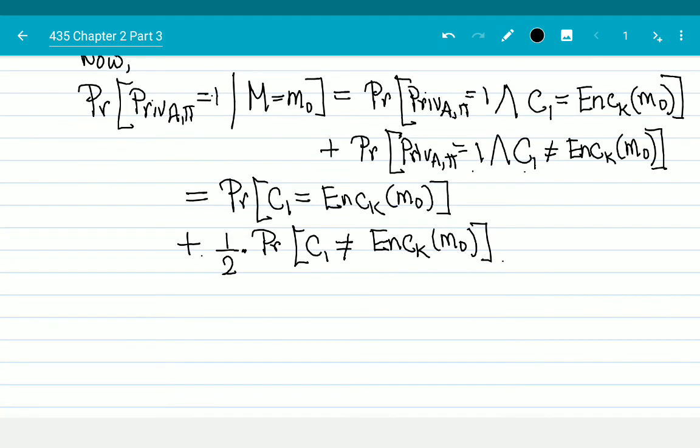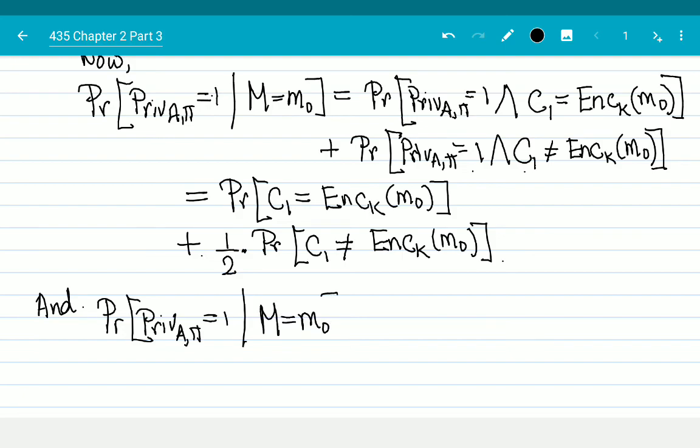Great. So this is my probability for the experiment succeeding if my original message was m0. Okay. Now let us do the same for the probability that the experiment succeeds if the message was m1.